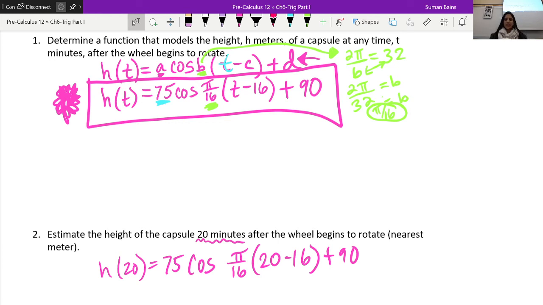Take out your calculators and change them to radian mode. And I'll talk you through it if you don't know how. You must have done that last year. Did you? In Pre-Calc 11?